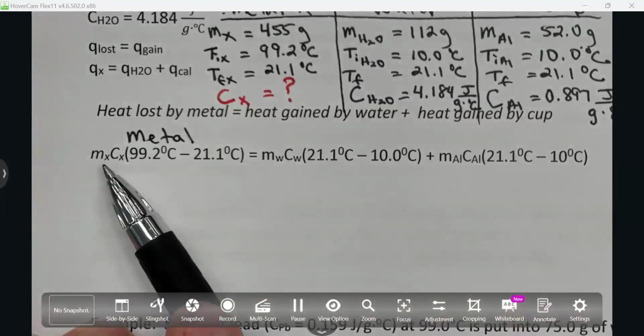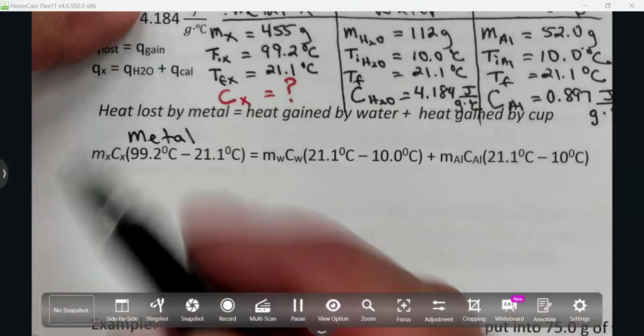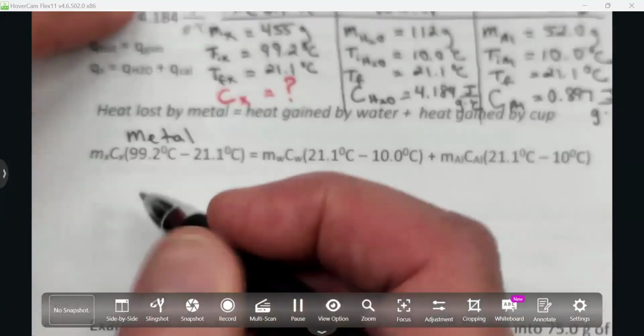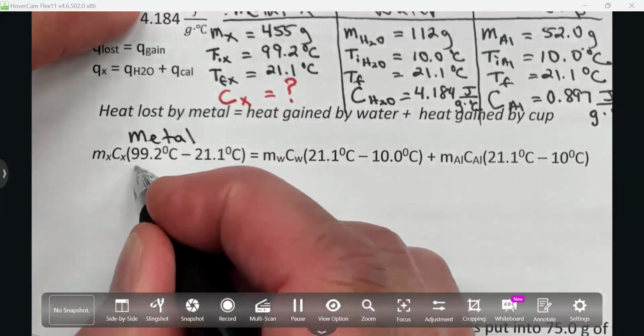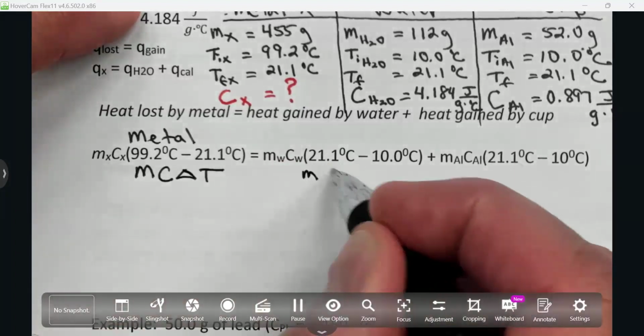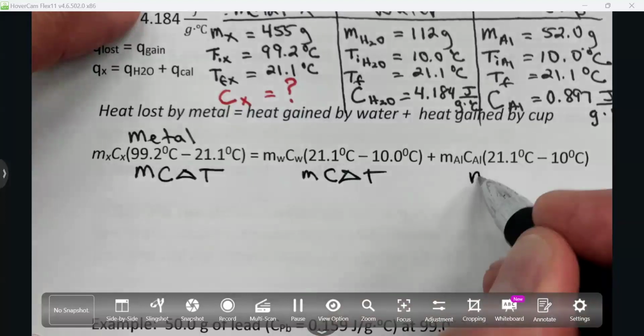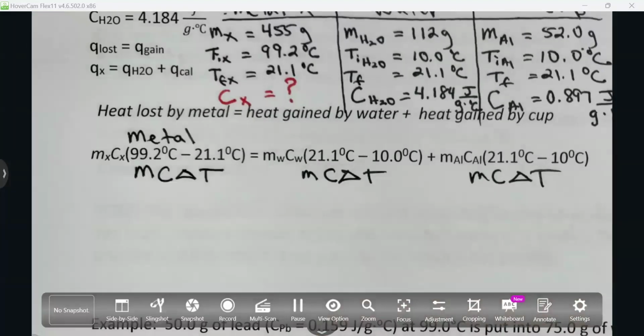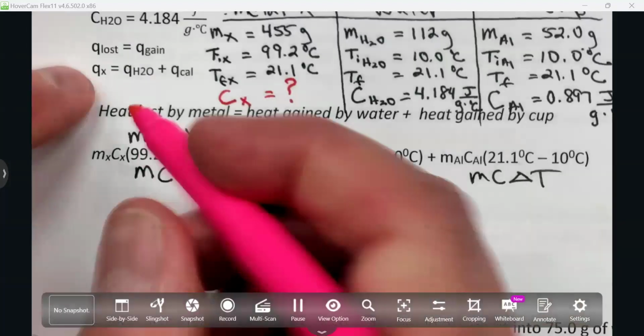So my mass of my metal, again, we're going Q. This is m c delta T, for all these, right? What are we trying to find here again? This.